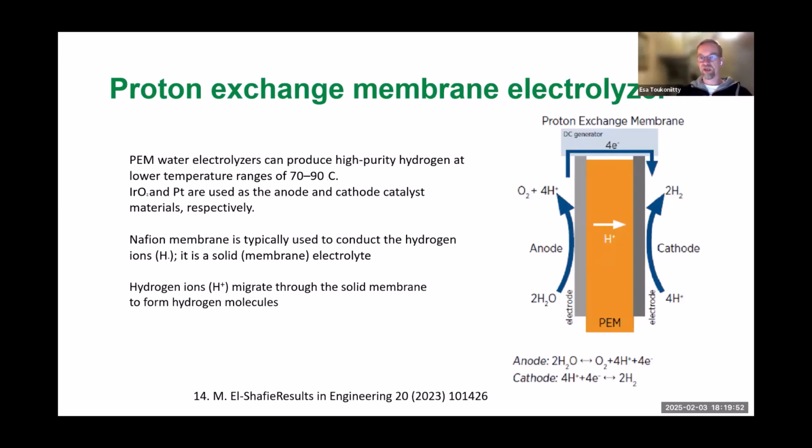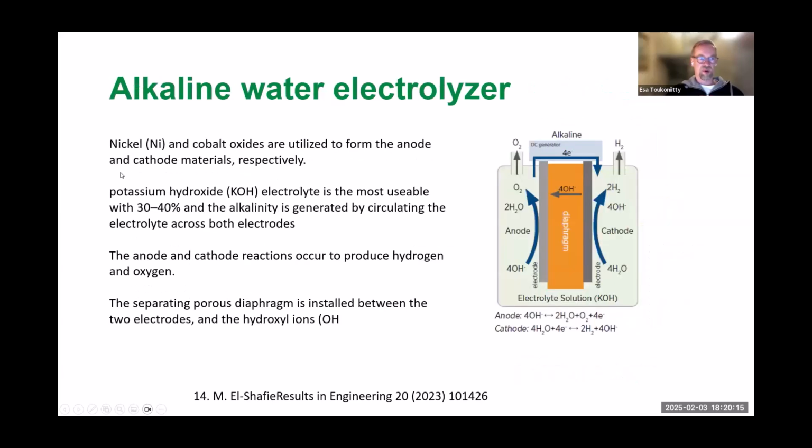Proton exchange membrane. It's a very typical type of electrolyzer as well. Basically, the operating temperatures are mentioned here, not that high, and catalytic materials are more expensive compared to the alkaline.